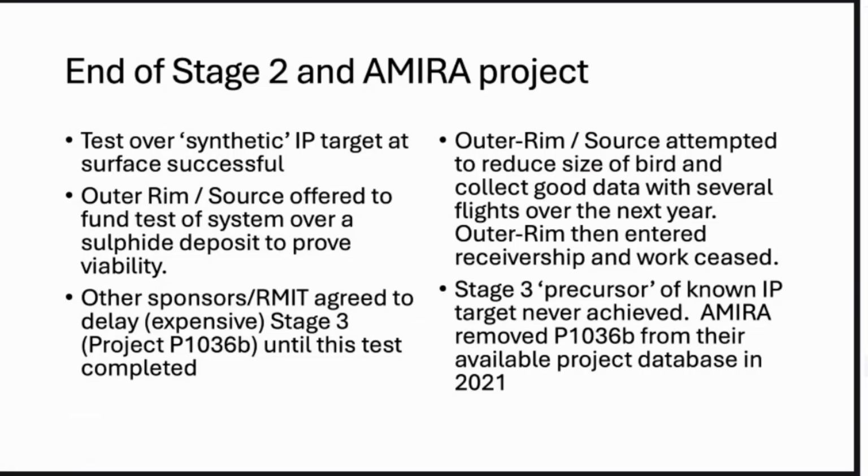One of the sponsors, Outer Rim Resources, offered to fund the test of the system over a sulfide deposit because we had spent the project budget at that point, and the other sponsors and RMIT agreed to delay an expensive stage 3 till this test happened.